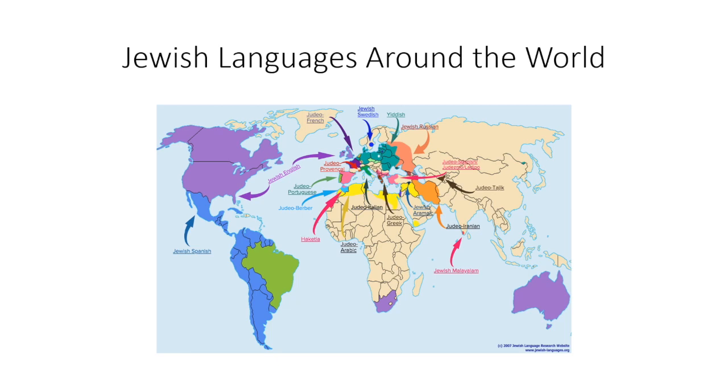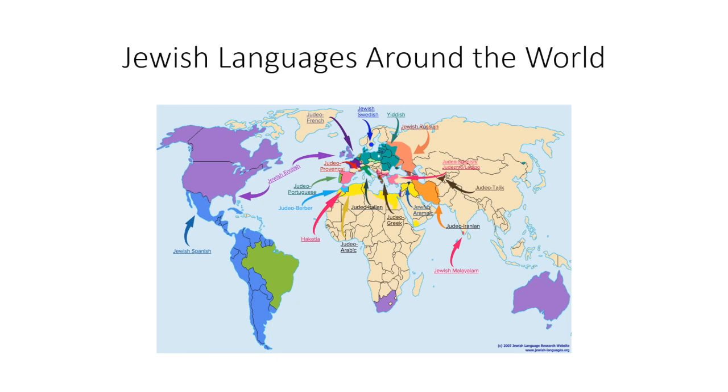This map provides a pretty good visual illustration of both the number of Jewish languages that exist and also how they have spread across the globe. You can see how they travel sometimes from one place to another. So, for example, we have in the pink in Spain, Judeo-Espanol, which of course is also known as Ladino or Judesmo.